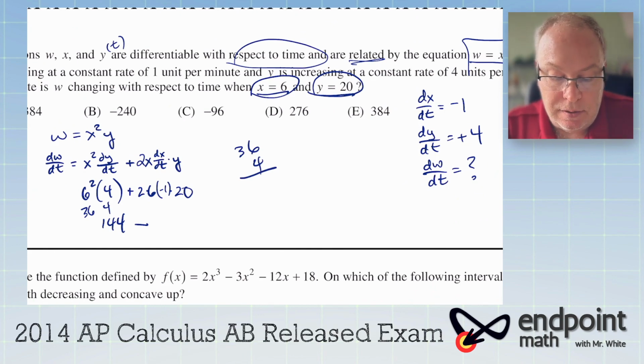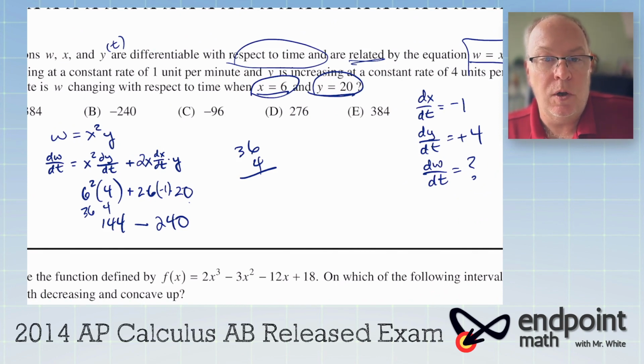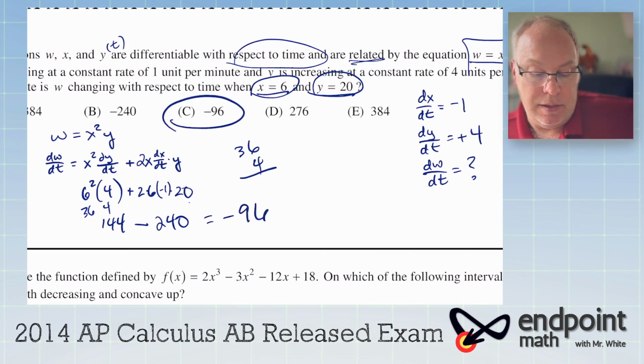Let me check this again. Yeah, 144 minus, we have 2 times 6 times 20 is minus 240. I don't know what I was thinking there. I was thinking 120, but there we go. 144 minus 240 is negative 96. And that's the answer right there.